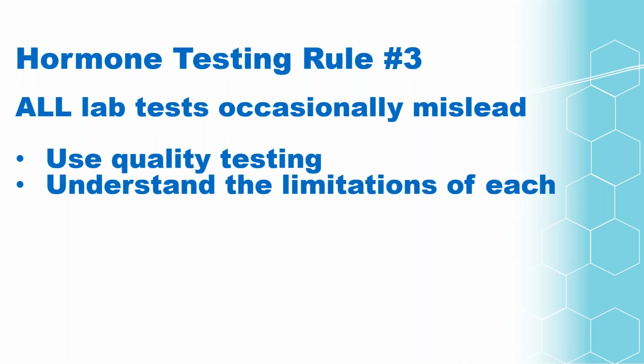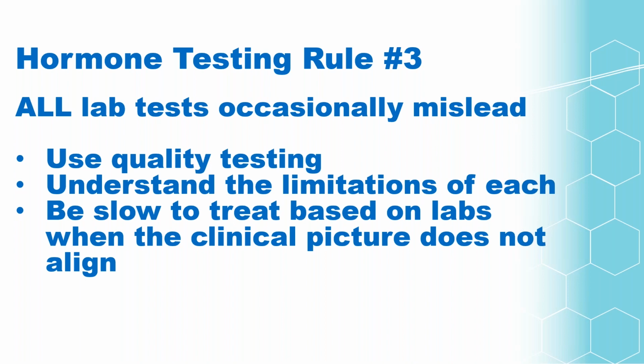We want to understand the limitations of each, and we're going to get into some of the limitations of serum testing and urine testing throughout this educational series so that we can be well educated on what the limitations of each test are. And lastly, be slow to treat based on any lab when the clinical picture does not align.